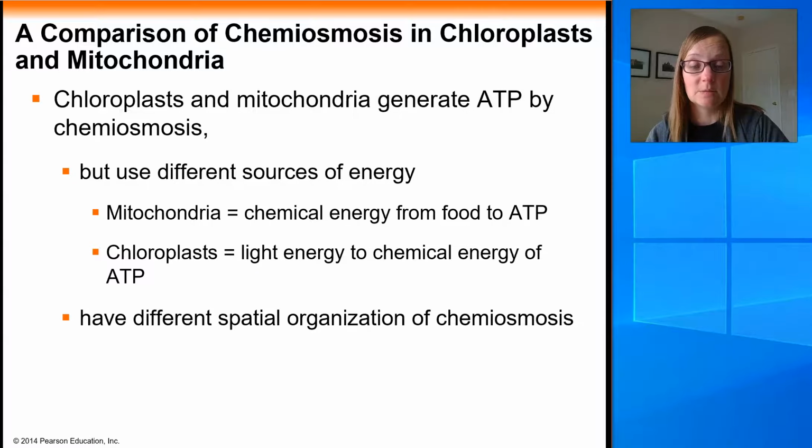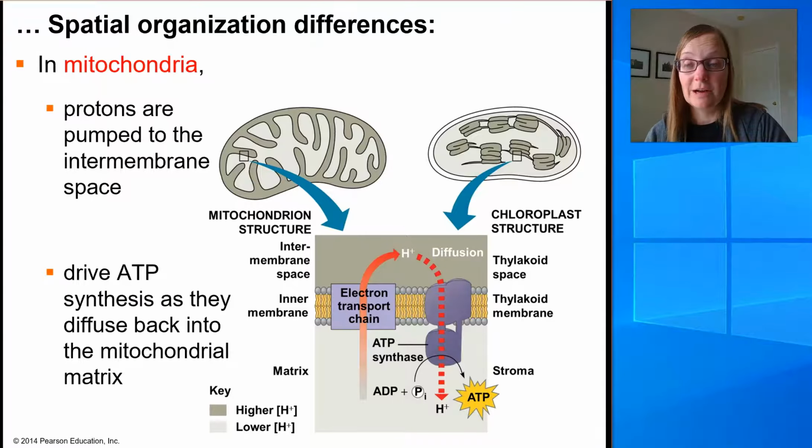So if we were to now compare and contrast spatial organization, we're going to use this image twice, once on this slide, once on the next slide. For this slide, where we're looking at the spatial organization of chemiosmosis to make ATP in the mitochondrion, help me by only focusing on the left-hand side of this figure. All right, so here's our mitochondrion.